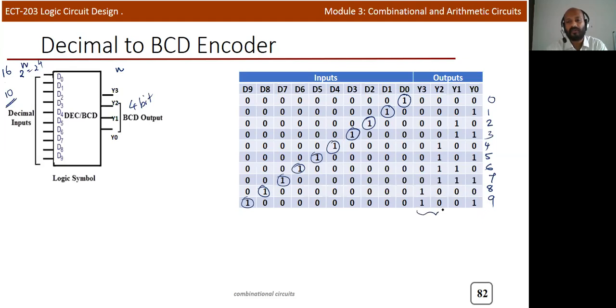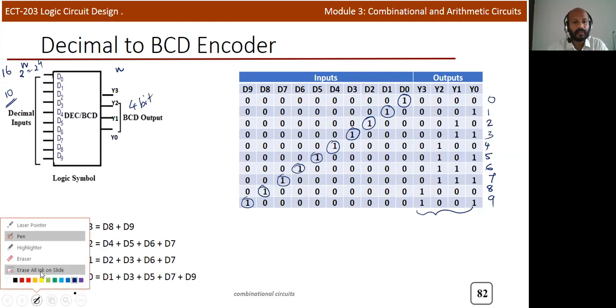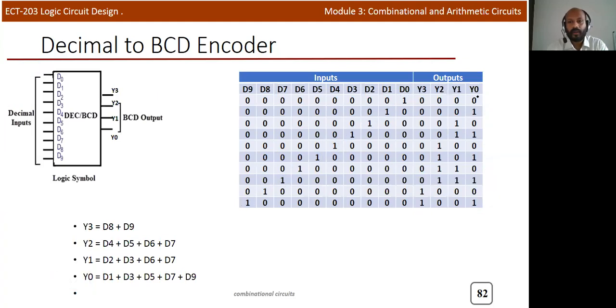So you can see the 4 output lines Y3, Y2, Y1, Y0. Now we need to design this particular circuit. Here also we can check the cases. We need to design Y3 first.